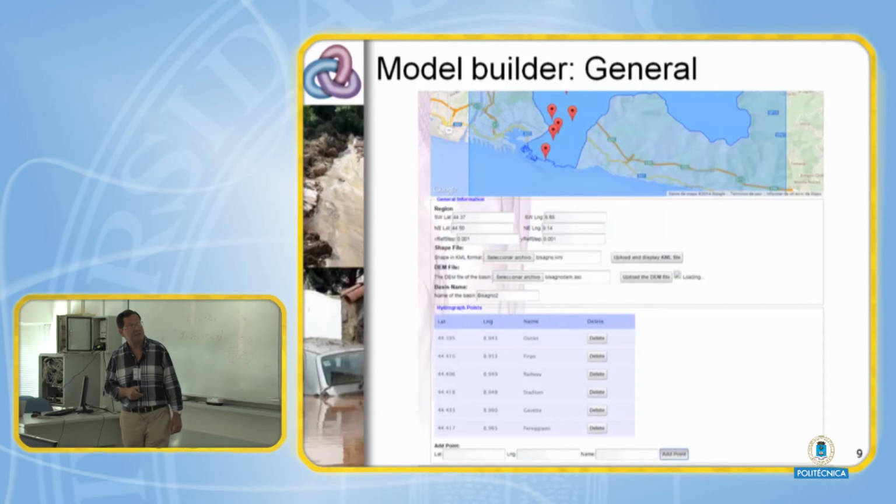So we can select as many points as we want to identify as hydrograph locations. We introduce them by defining the coordinates of the point and giving each of these points a name. As you introduce these coordinates, you will see this Google sign that appears on the map. So it is a good opportunity to verify that your coordinates are actually on the river.